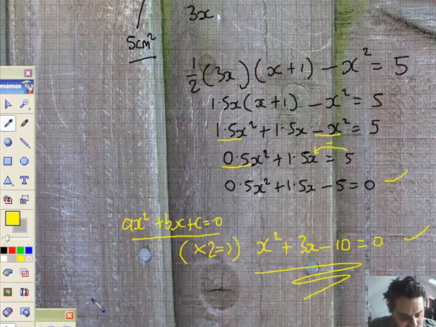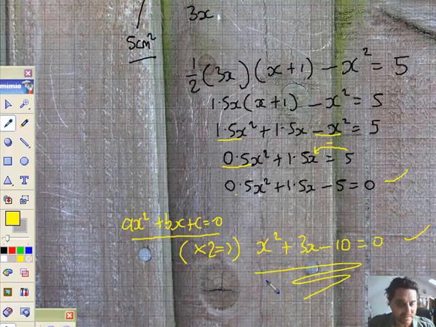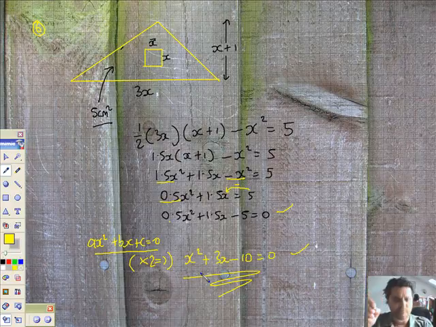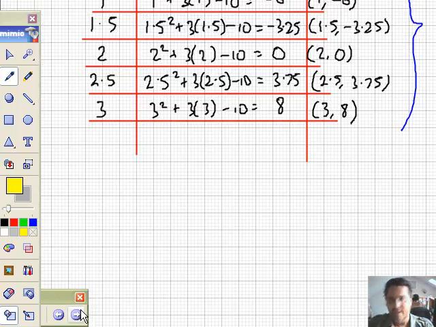It then says construct a table of values for the quadratic, and I'll be using this one here because it's nice whole numbers. I've got to go from 0 to 3 in intervals of 0.5. So 0, 0.5, 1, 1.5, etc. And you flick over the page, there they all are.